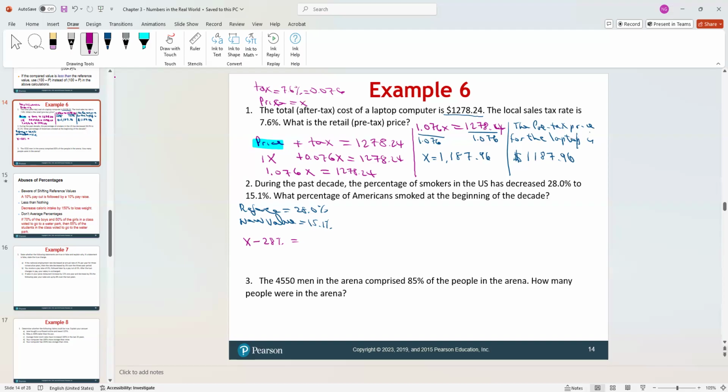So to find the beginning value, it would be 15%, or 0.15, over 100% minus 28.0%. That's how you find the percent of Americans that smoked at the beginning of the decade. That's about 0.21, so 21%. We said the percent of Americans that smoked at the beginning of the decade was about 21%.